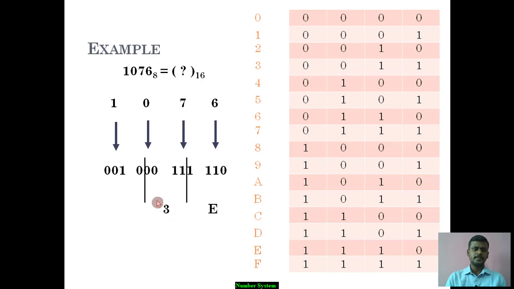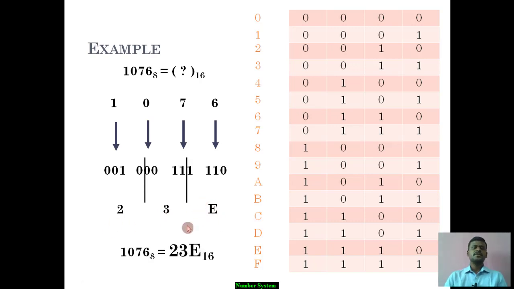Now we write 3 here, and the final one, 0010, has equivalent hexadecimal value 2. So now from these binary numbers we have found the value 23E as the hexadecimal value.